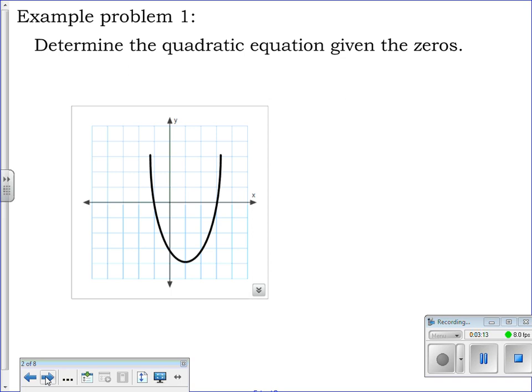Where are my roots? They're right where the parabola crosses the x-axis. If it crosses twice, those are my two zeros. Those are my two solutions. On this one, my solutions are -1 and +3. Those are my answers. Those are my roots.